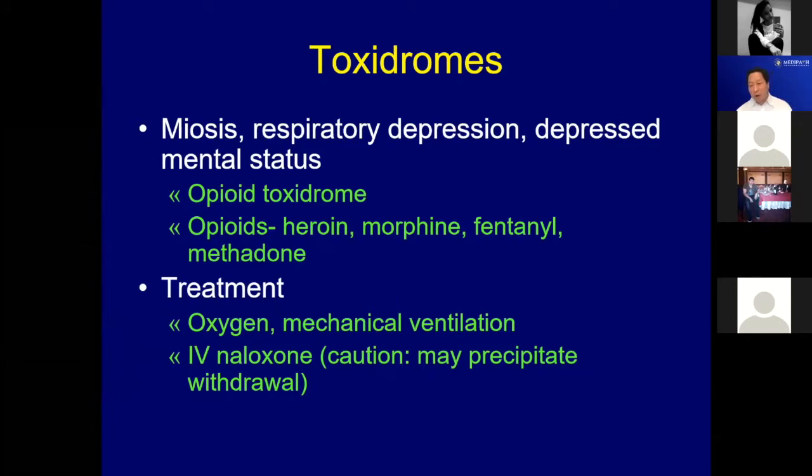Anybody have any reason why? Naltrexone comes as an oral preparation. It's not a parenteral preparation. That's one problem. It's hard to get a guy or a gal with depressed mental status and respiratory depression to swallow a pill, and they may aspirate.